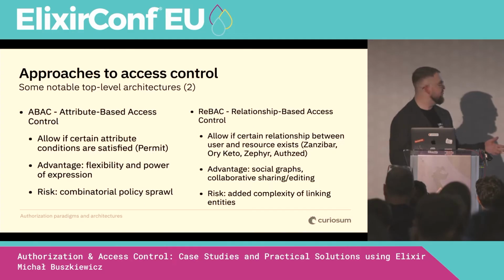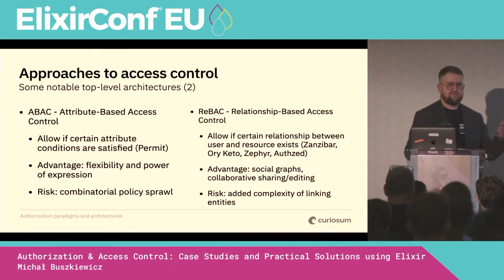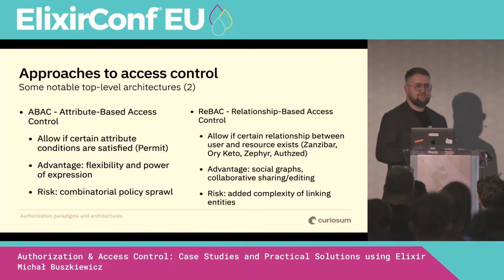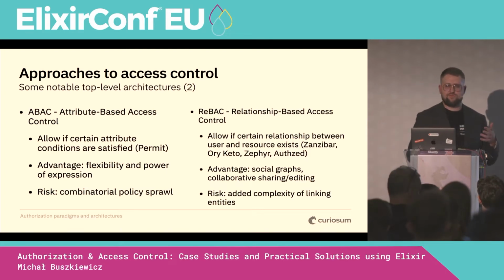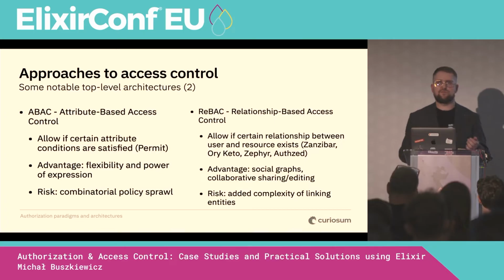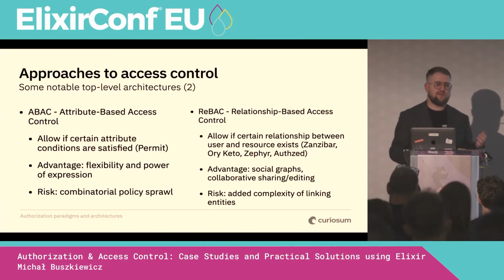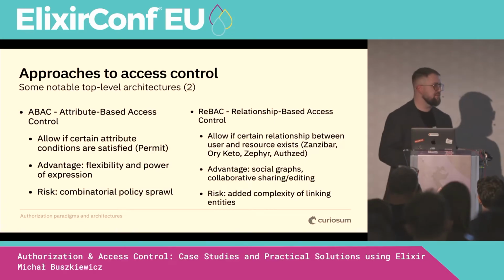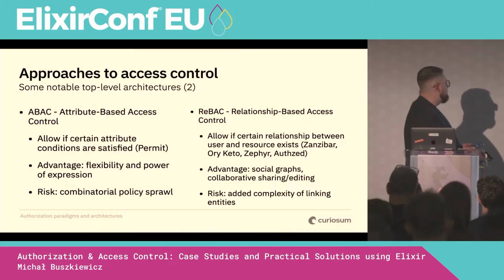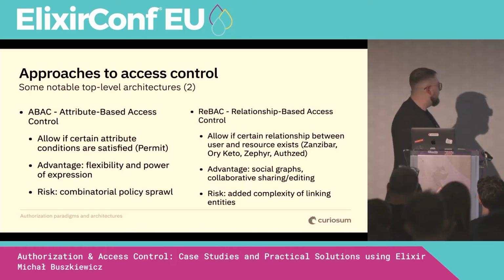Then we have ABAC, which is attribute-based access control, which is basically something like: allow to perform a certain action if a number of specific attribute conditions are satisfied. This is what we'll be showing for the Permit library because this model is effectively realized by it.